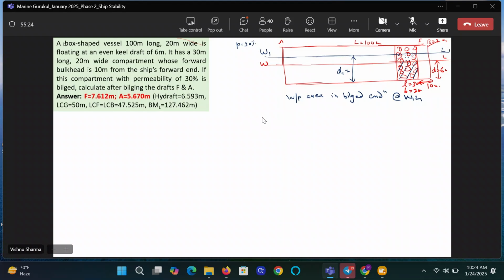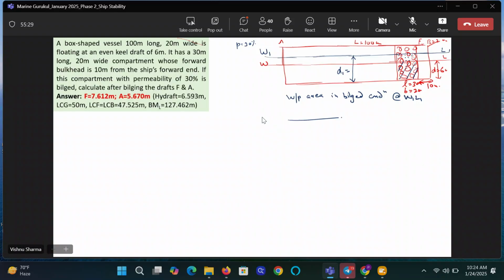Please draw the water plane in the bilged condition at W1, L1. Is this the diagram of the water plane in the bilged condition? And of course, there'll be a partial loss here because of permeability.